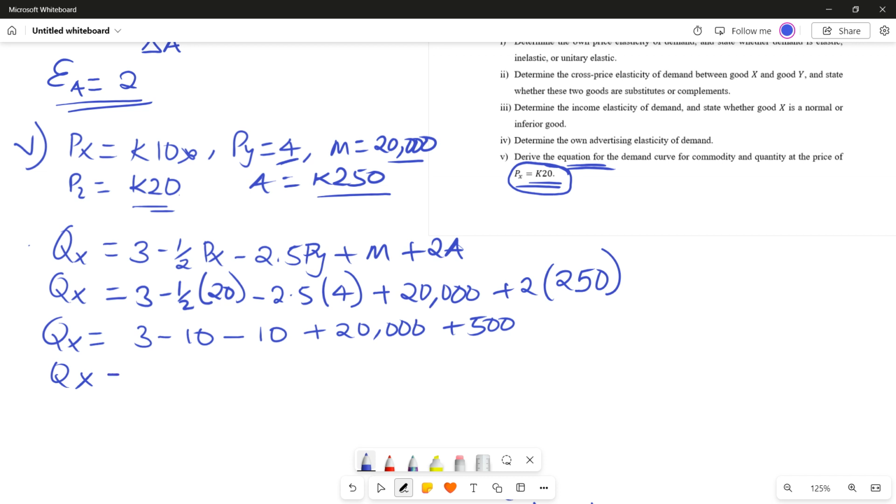Hoping that my punching is correct, I'm getting 20,483. So this means that given these conditions, given that the price of x is no longer 10 but 20, we can demand 20,483 units, given that everything else is as it was and only the price of x has changed from 10 to 20. So we'll be able to demand 20,483 units of good x.